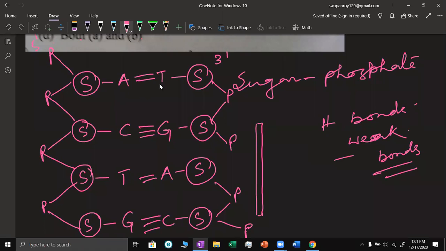In between A and T there are 2 bonds. In between C and G there are 3 bonds. So this portion is stronger than this one.